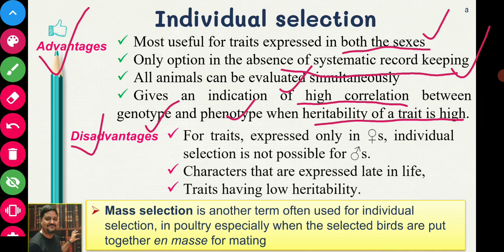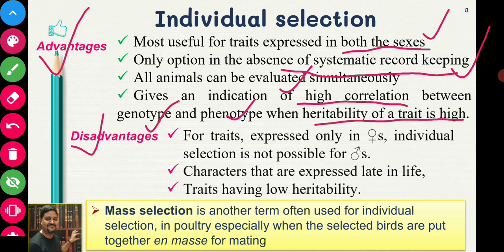In heritability also you have studied that it gives an indication of high correlation between genotype and phenotype. You might have studied the correlation between breeding value and phenotypic value. Breeding value is genotypic value. So these are the advantages of individual selection.